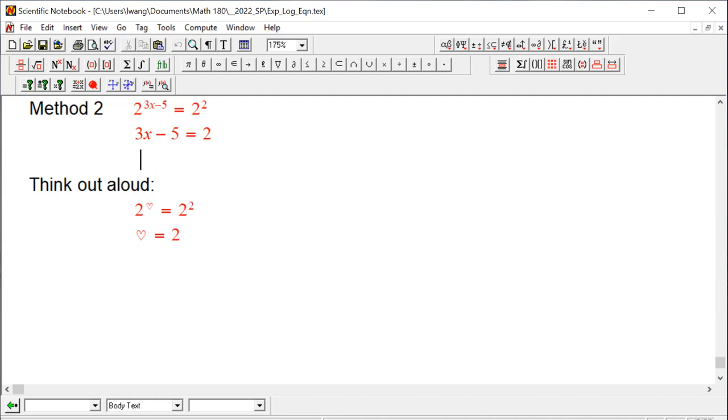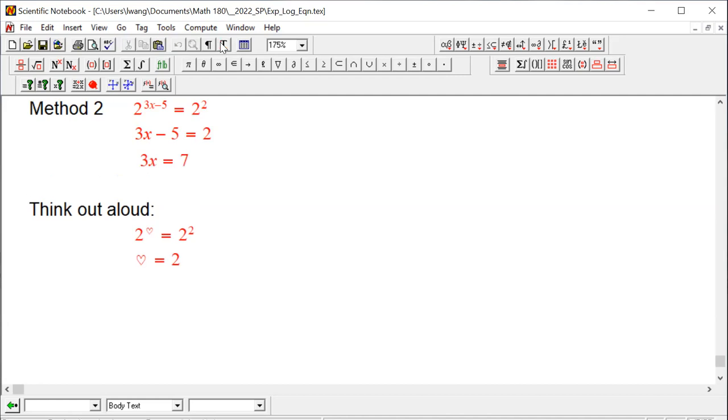Okay, and 3x equals 7. Right, so it becomes solving a linear equation. So at this point, I got x equals 7/3. And we found the solution.